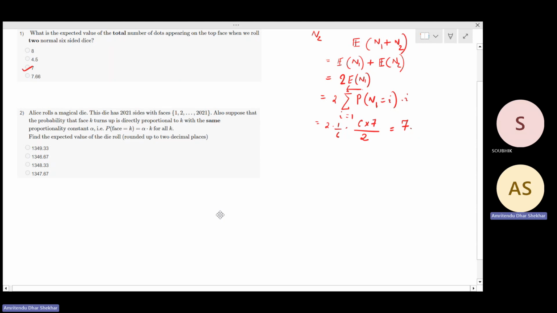So in the second problem, there is a die that is being thrown, but the die has 2021 sides. And so the probability that face K appears is directly proportional to K. So essentially, we have a discrete random variable, let's call it X, and X takes values from 1 to N, where N equals 2021.